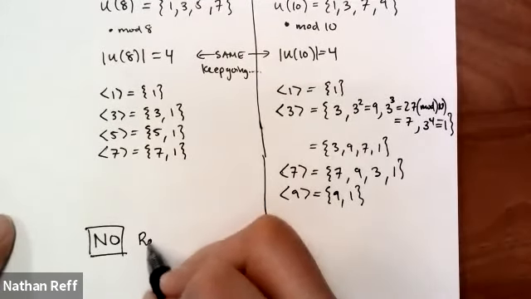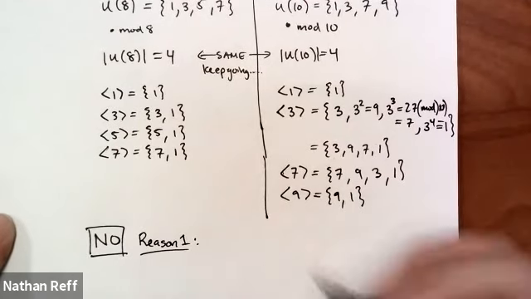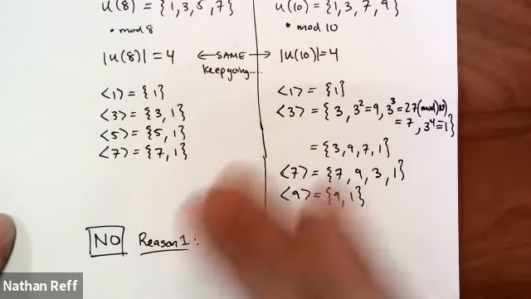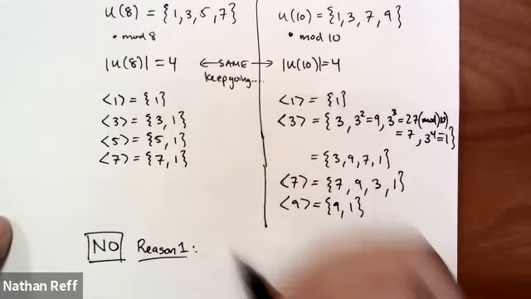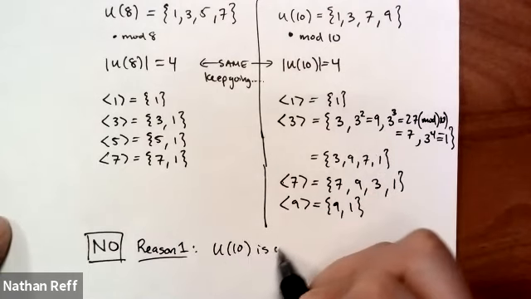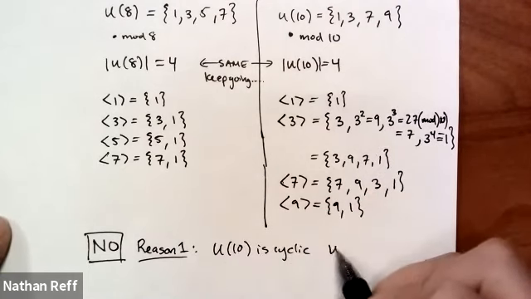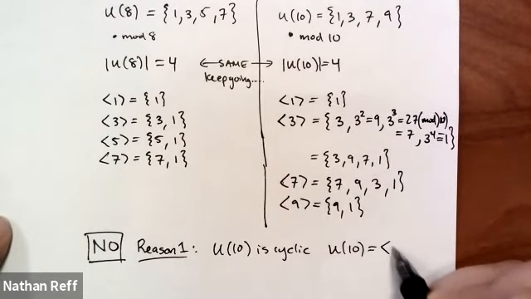And you can give me many reasons. You don't have to give me many reasons, but I'm just going to give you many reasons so that way we're all on the same page here. So reason 1, you said U10 is cyclic, right? U10 is generated by 3 or 7, you could say, right?